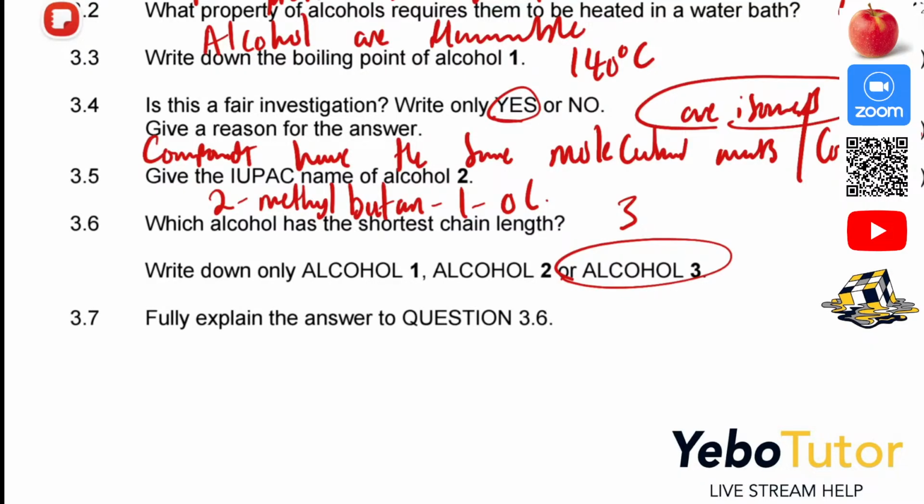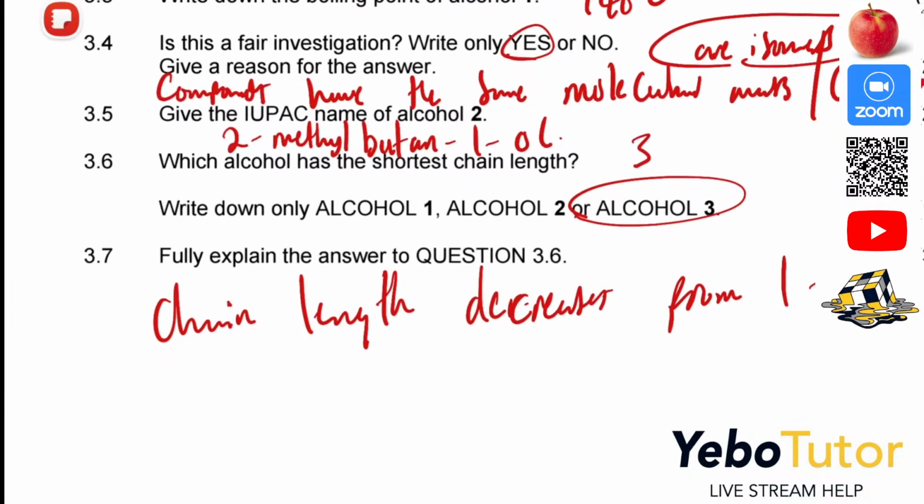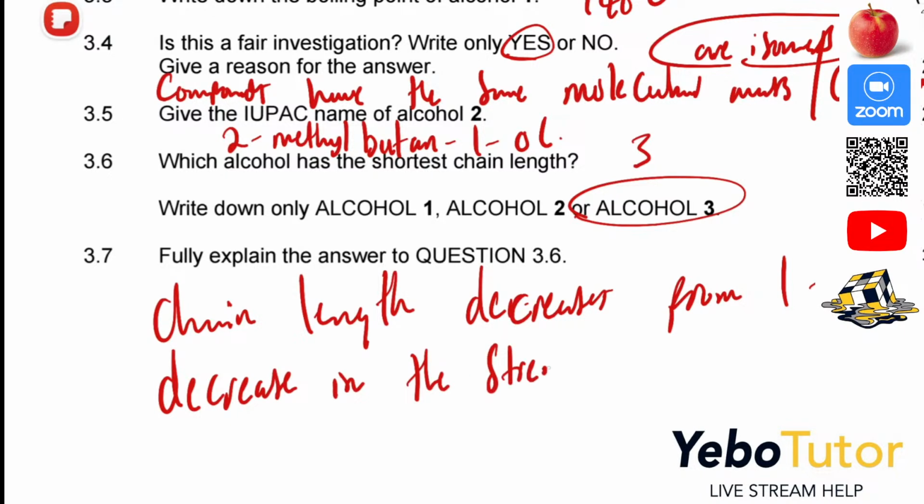We know that the chain length decreases from 1 to 3, as you can see, alcohol 1 to alcohol 3. So what does this mean? Which means there will be a decrease in the strength when we're looking at our IMF, the intermolecular forces.